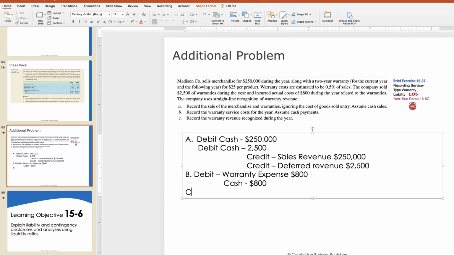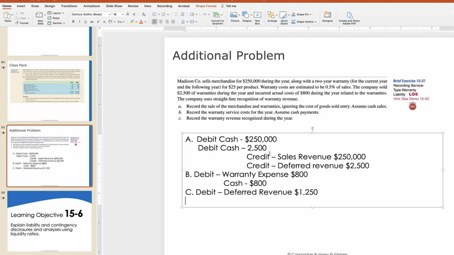All right, now, good news is I'm at the end of the year and I've earned half of this $2,500. So I'm going to debit the deferred revenue. Half of that $2,500 is $1,250, and I will credit warranty revenue $1,250.